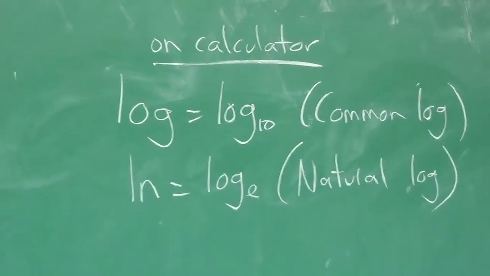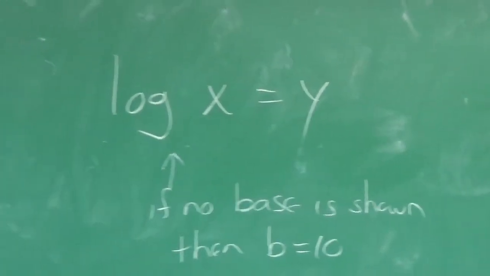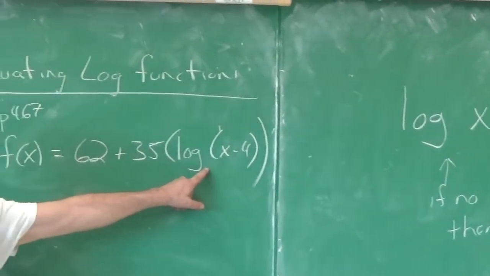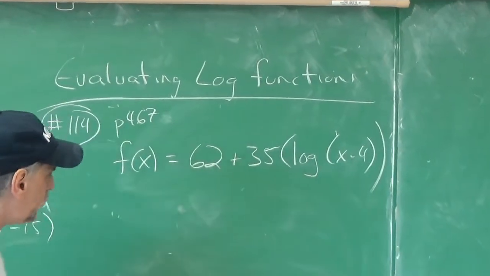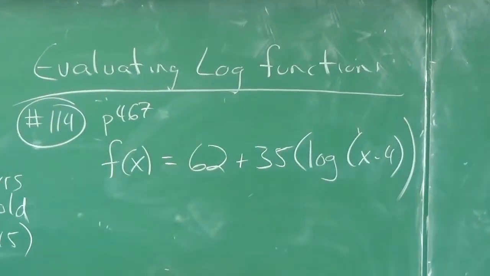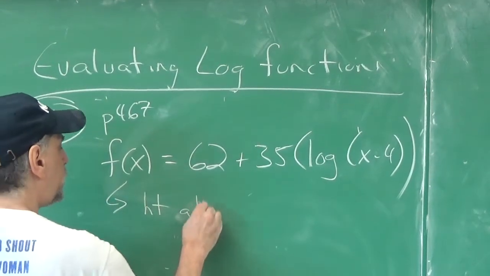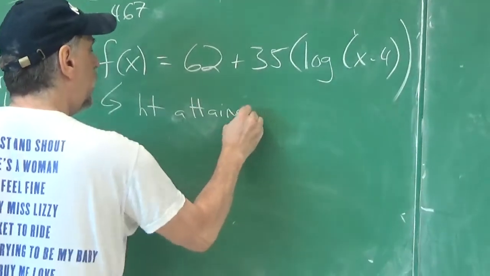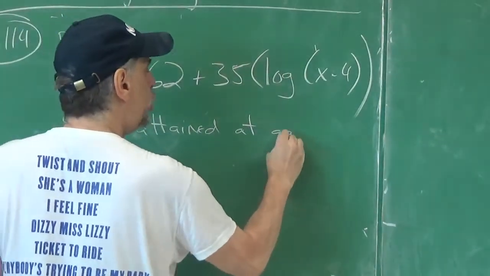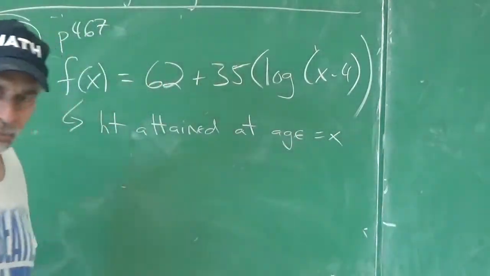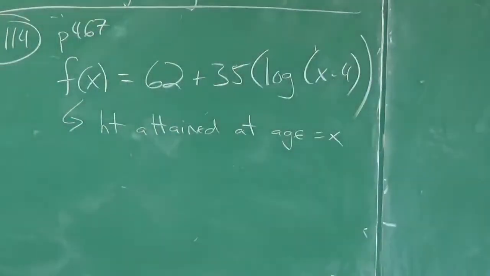So when we see this, this is what reminded me of it here, there's no base written, so we know that's base 10. Okay? So x is the years old, and f of x is the height attained at age x. And we are asked to evaluate this function.